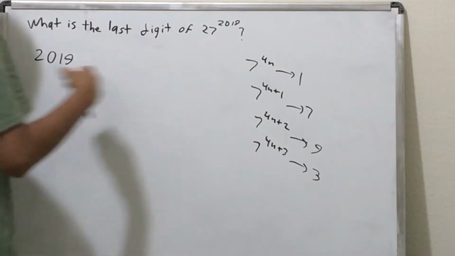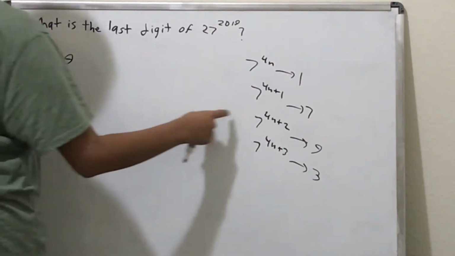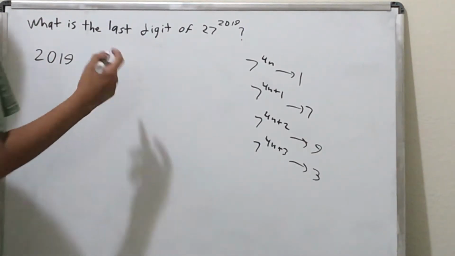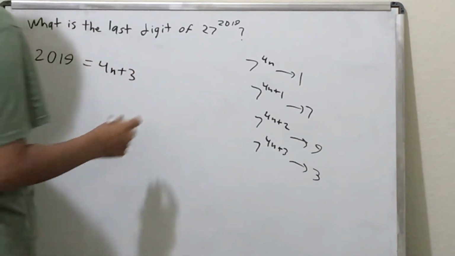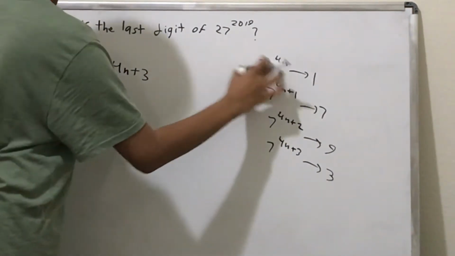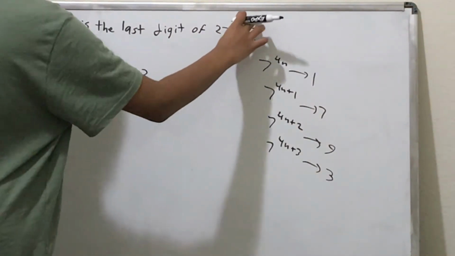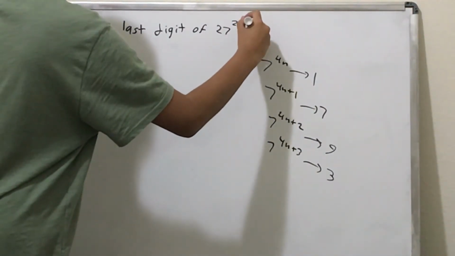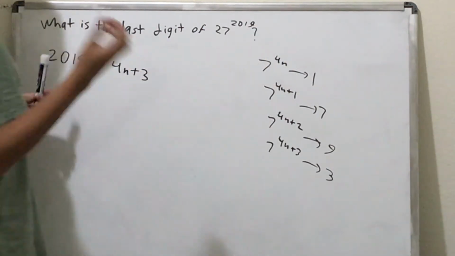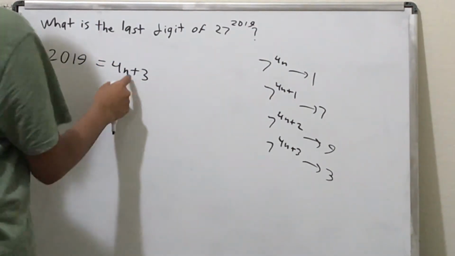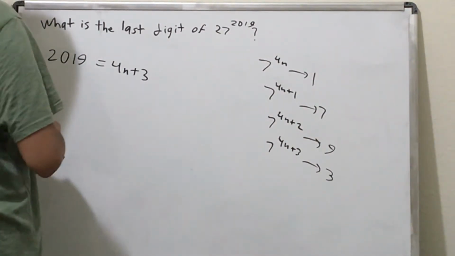Well, we know it's not a multiple of 4 because it's odd. And we know it's not 4n plus 2 because that would be even. So let's see if it's 4n plus 3. One other thing: n has to be an integer for this to work, since we're only dealing with integer powers right now. We're not even dealing with negative powers, so n has to be a positive integer, or it could be 0.